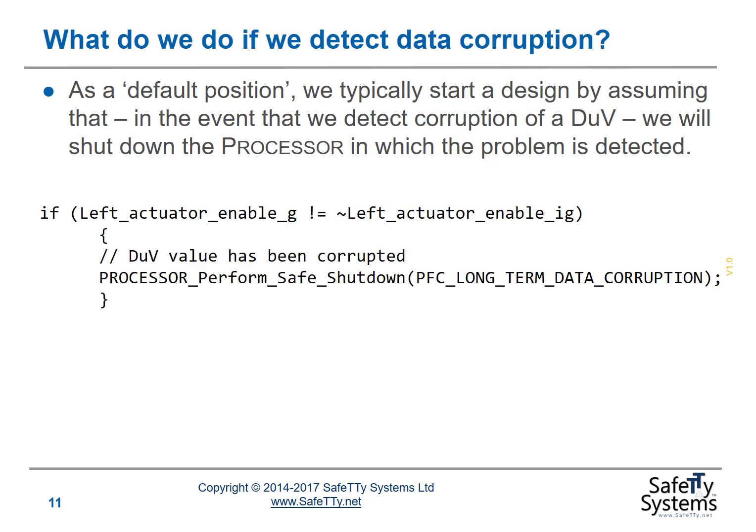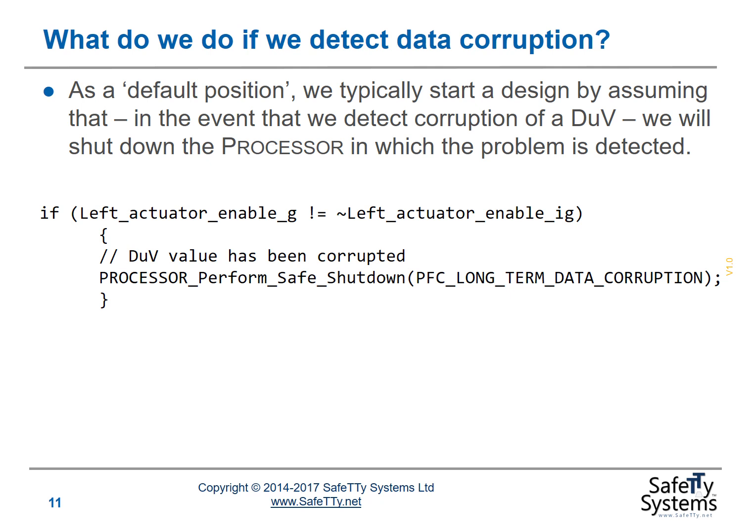As a default position, we typically start the design by assuming that if we detect corruption in a duplicated variable, we will shut down the processor in which the problem is detected. So that will be our default behavior in the examples on this course. So here is an example of how we might achieve that.